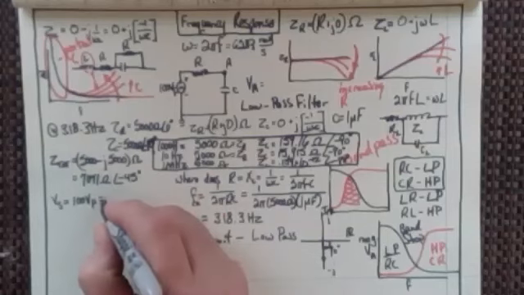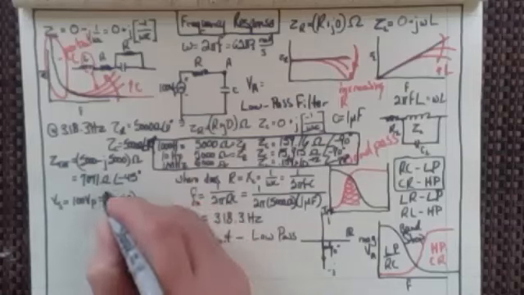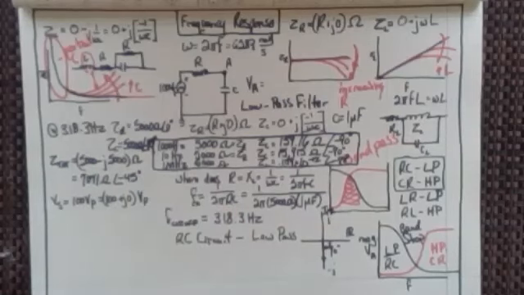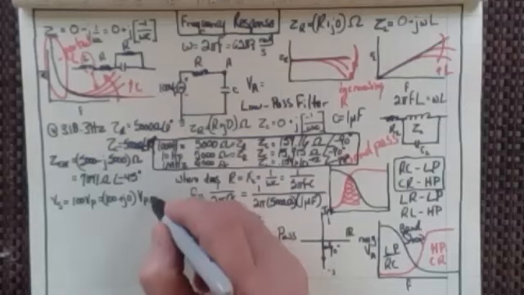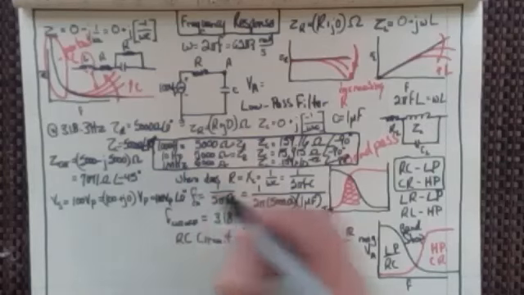And so I could write that as 100 plus J0 volts peak, couldn't I? Or I could write it as 100 volts peak at an angle of 0 degrees.